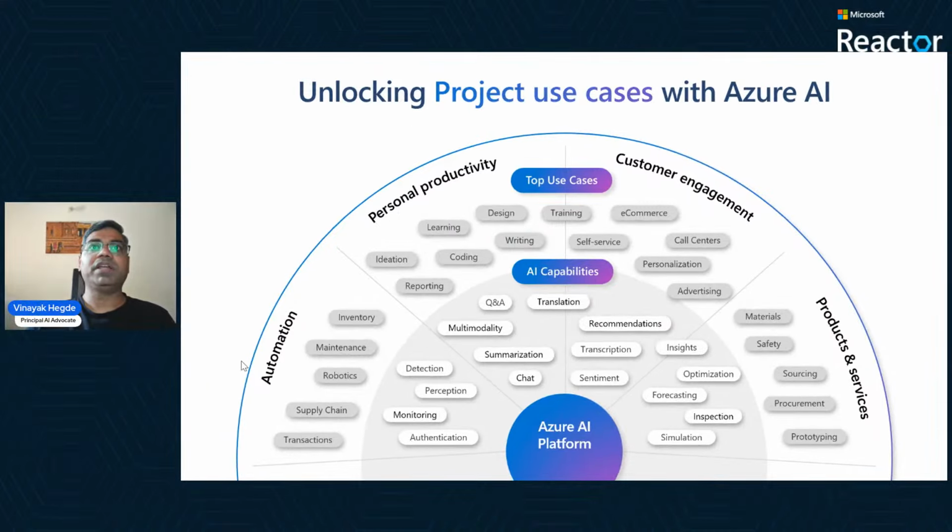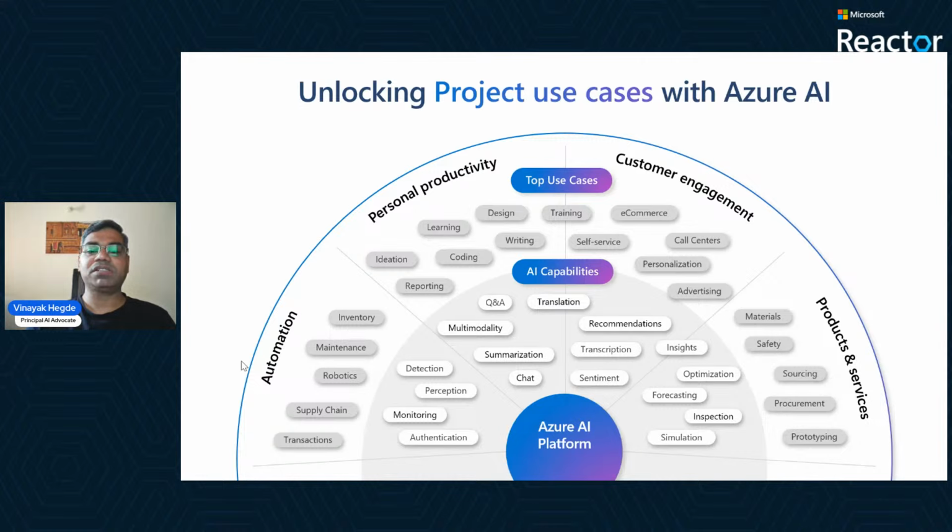For example, if you look at personal productivity, all of us have been using maybe ChatGPT or some of the other tools, whether you're doing ideation, coding, learning, designing, writing, reporting. You are using these models yourself, and it helps you in various kinds of things. For example, translation, multimodality. Like for example, you have certain images or generating images or consuming images, or you want to summarize a piece of text, or you want to chat to a chatbot.